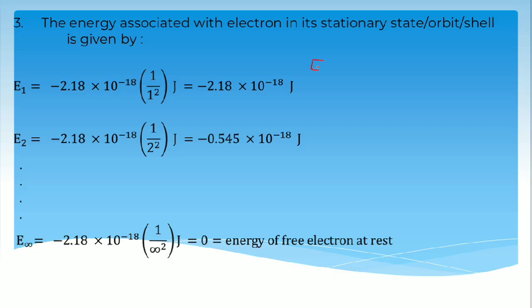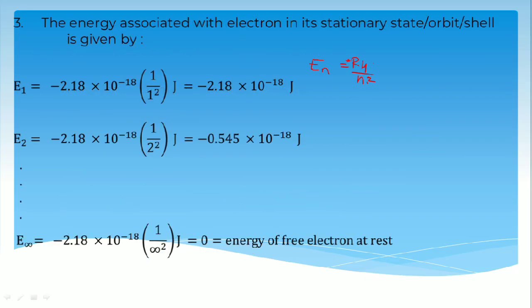E n equals minus R H by n square. Here it will be minus, okay.